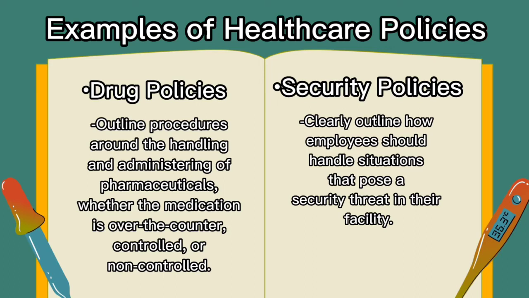If a facility has security processes, these must be clearly outlined for all employees to know and follow. They can include situations like abuse towards medical staff, patient abductions, or active shooters.